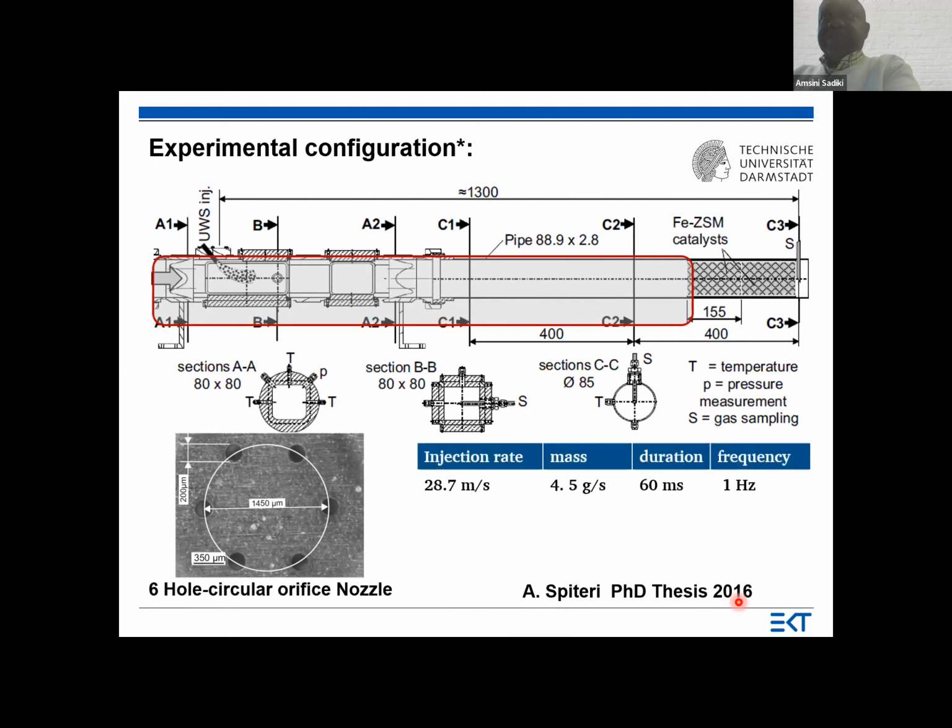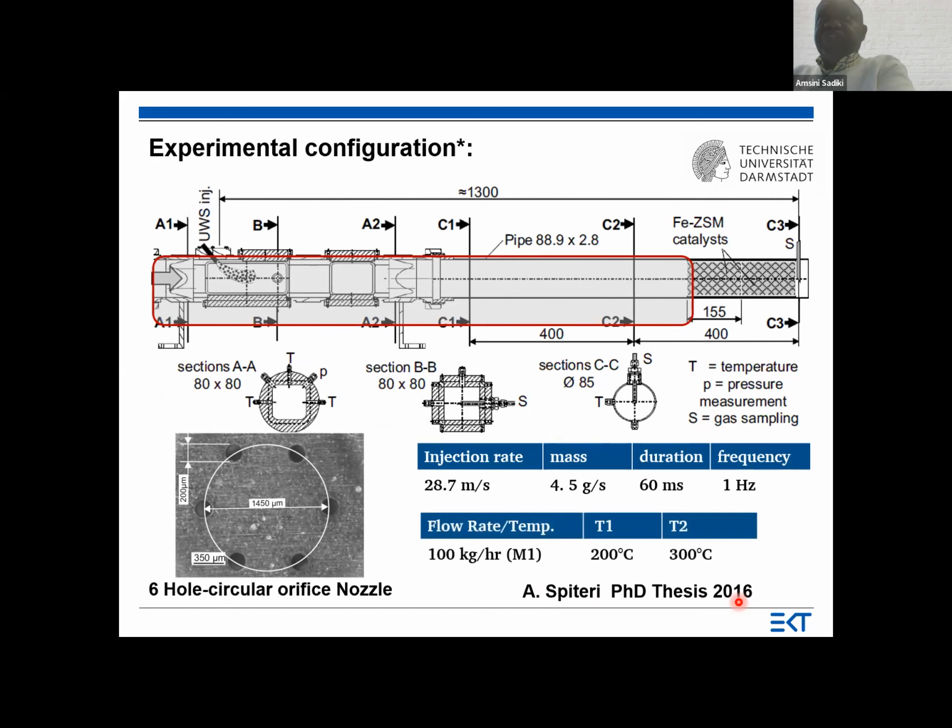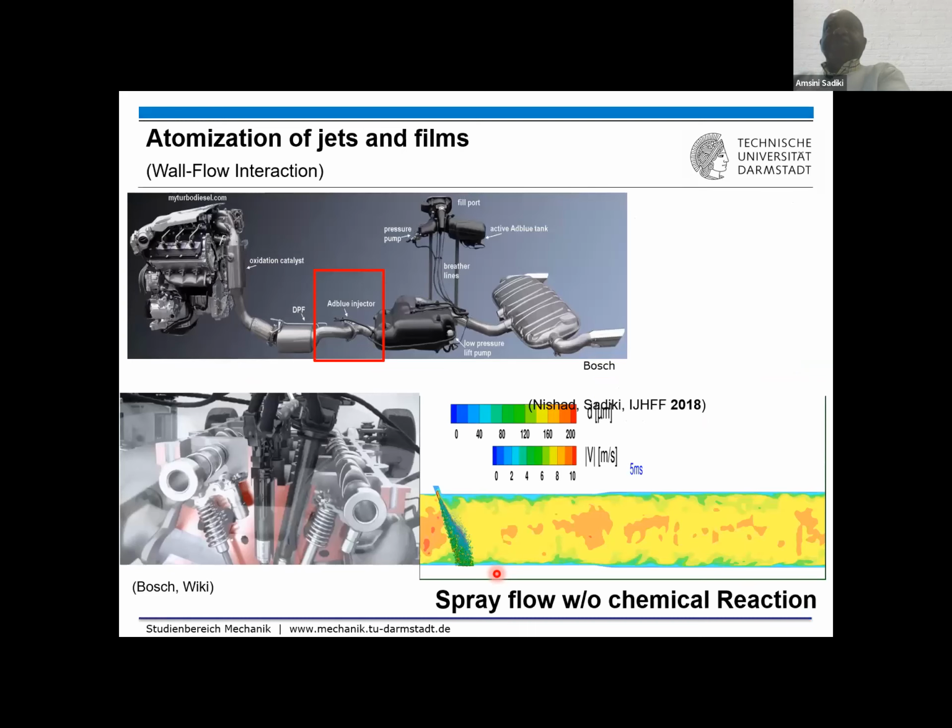For that, we considered two injection rates and two flow rates, and these two situations with two temperatures, T1 and T2. These are the temperatures of the flow. And here I will show you what we could obtain.